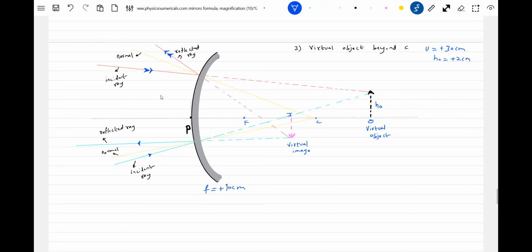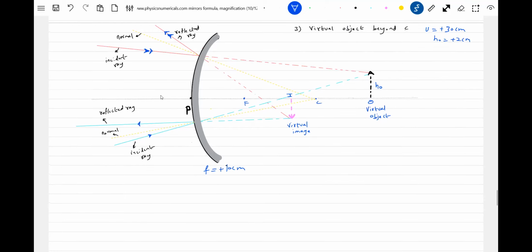Again, let me use the same mirror formula. v is equal to 300 by 20, or plus 15 centimeter.